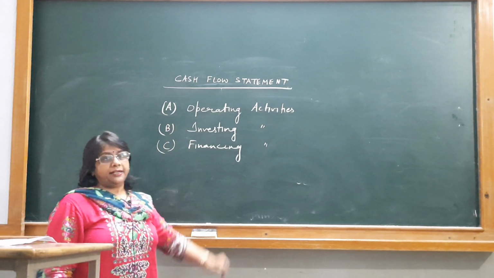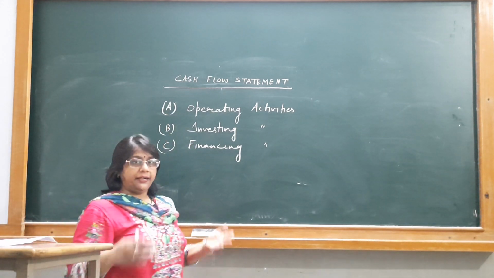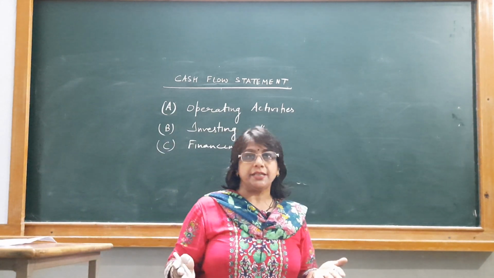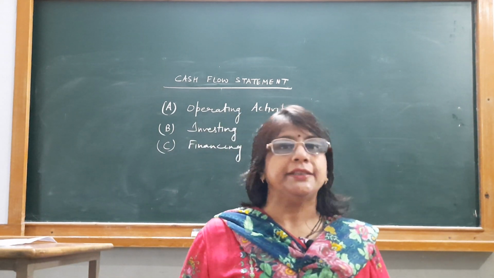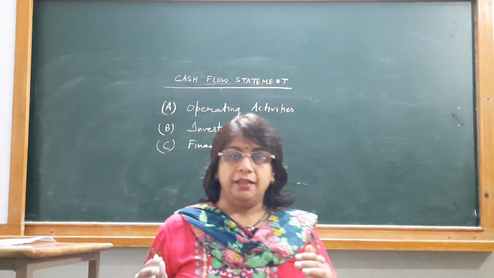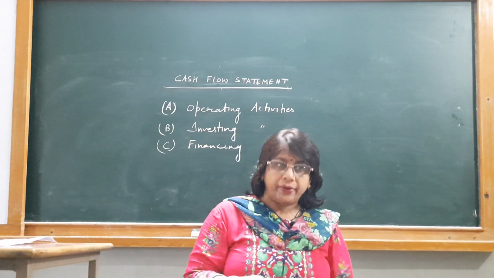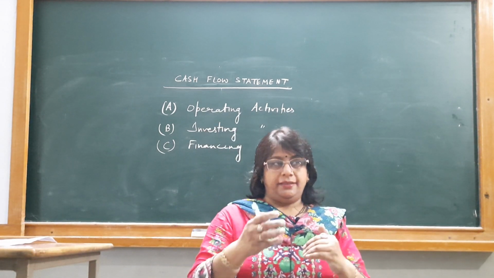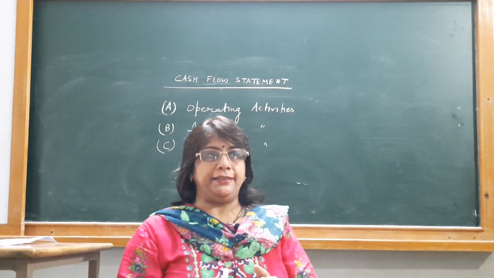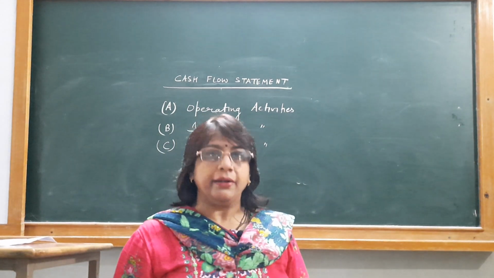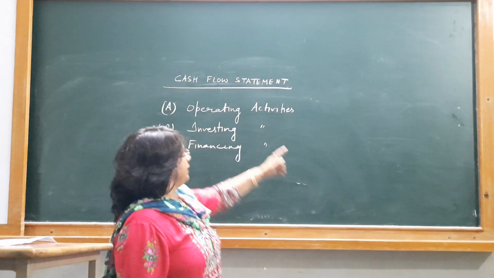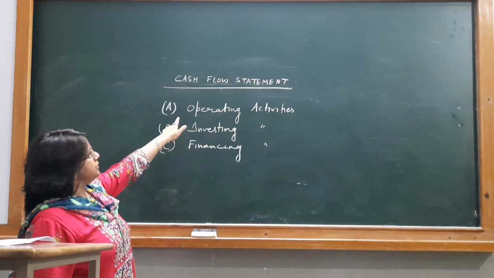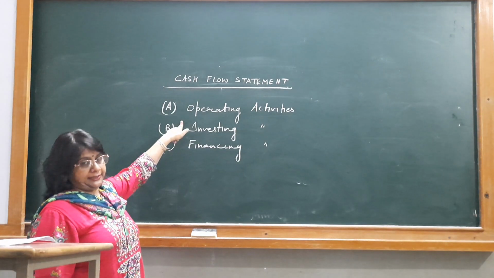What are operating activities? Operating activities are those activities which are principal revenue producing activities of a business. You can understand it another way, it is the revenue and the expense relating to the product in which a business firm is dealing. For example, a person is dealing in stationery business.